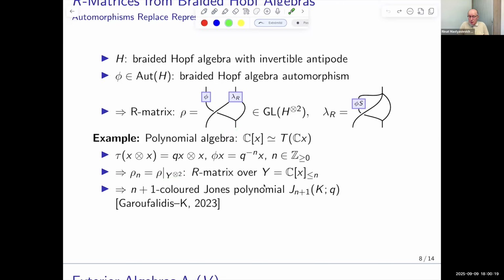And now if you look at what kind of R-matrix you obtain, it is just the R-matrix producing the n+1 colored Jones polynomials, which in the traditional approach comes from the quantum group U_q(sl2). So that's my first message: this approach to R-matrices is more economical in the sense that you just use a polynomial algebra and a simple one-dimensional braiding to come up with a colored Jones polynomial.